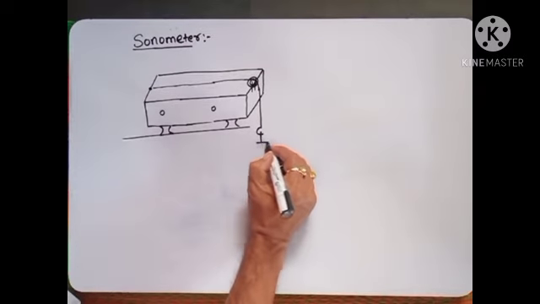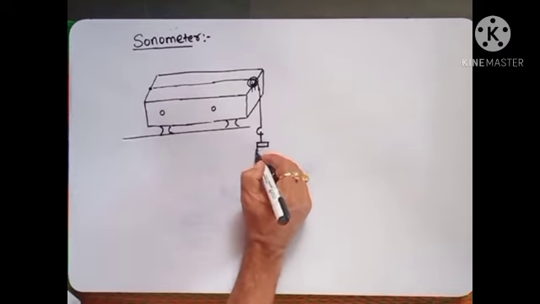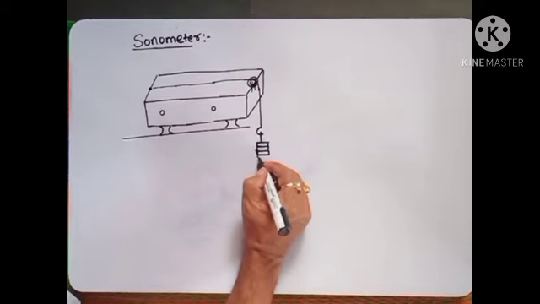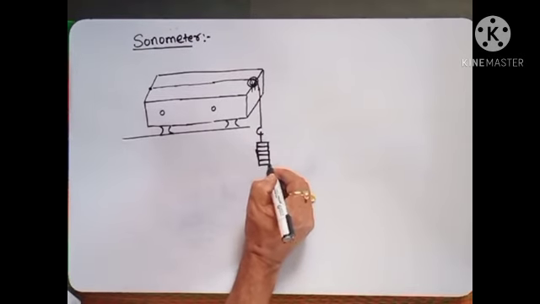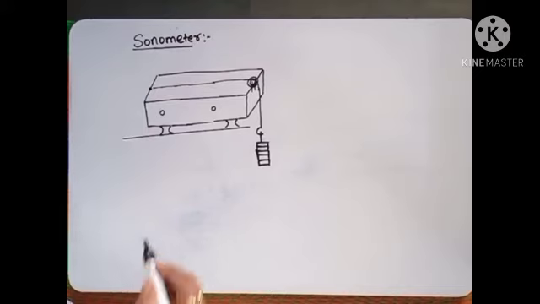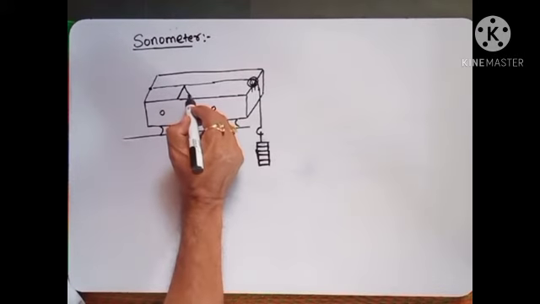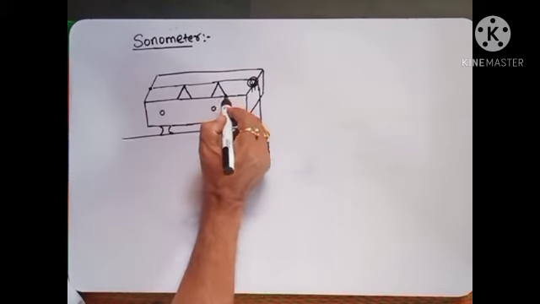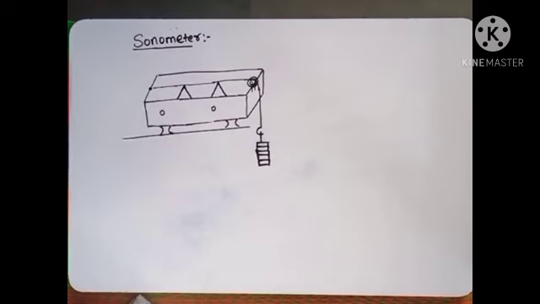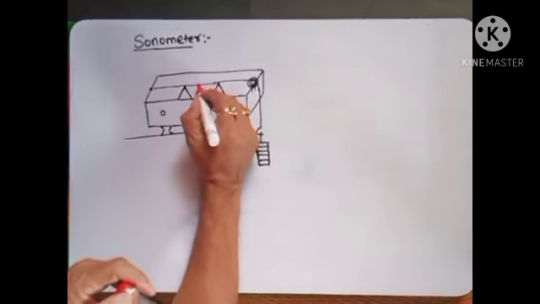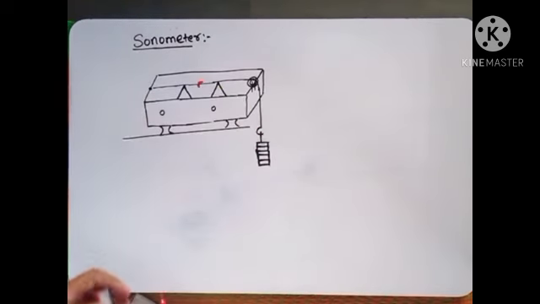To this hook different weights can be applied, and the string is passed over these two knife edges. We consider a small paper rider, and the small paper rider is placed on this wire.